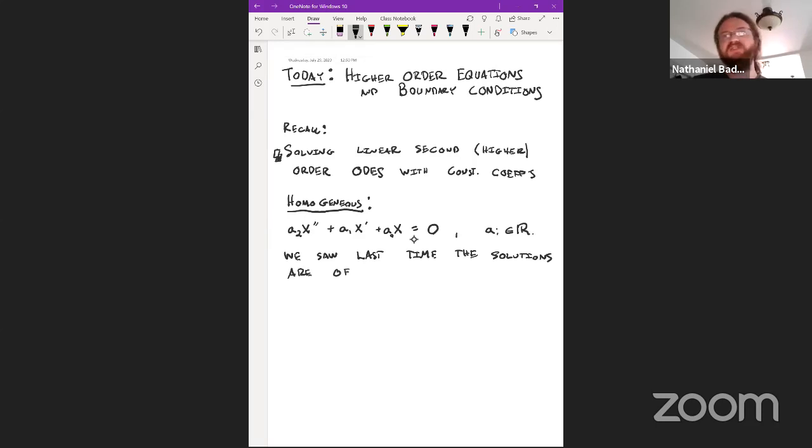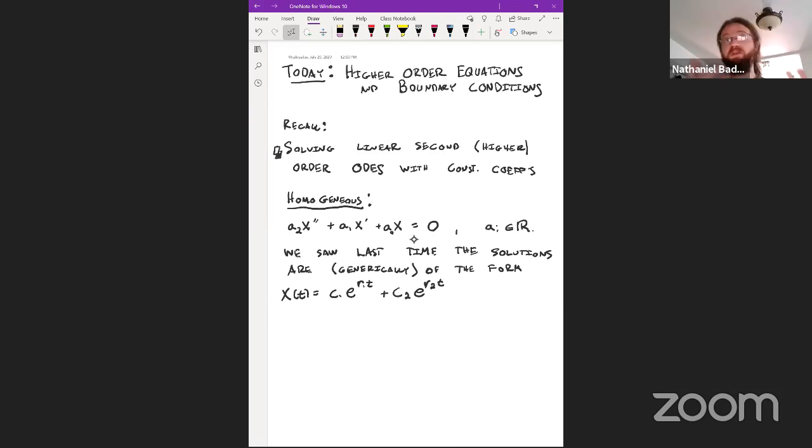Generically, they are of the form x of t equals c1 e to the r1 t plus c2 e to the r2 t.